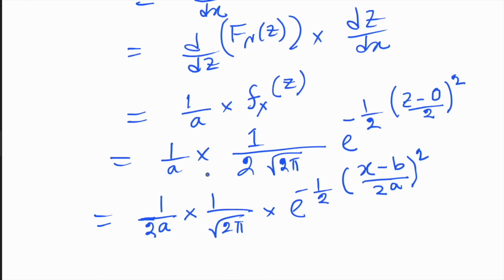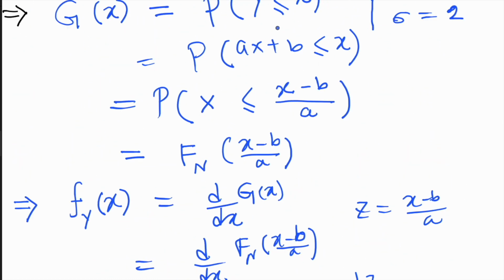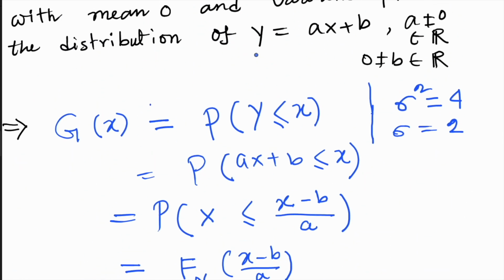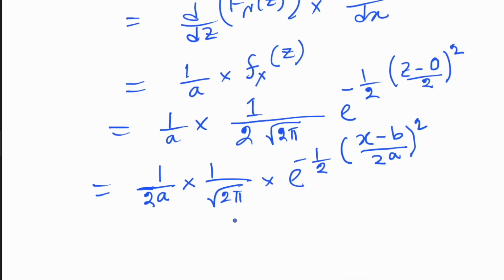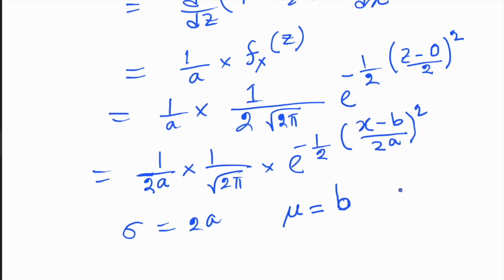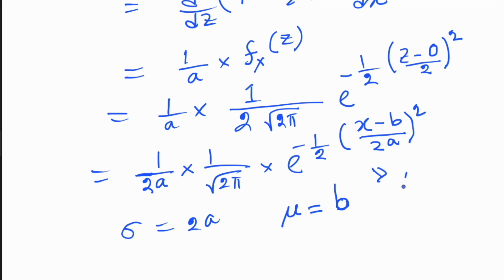Now you see, this is again a normal distribution, that means the distribution of this y is again a normal distribution, with sigma equal to 2a and mean equal to b. So x minus mu, this is in the form of normal distribution with mean b and standard deviation 2a.